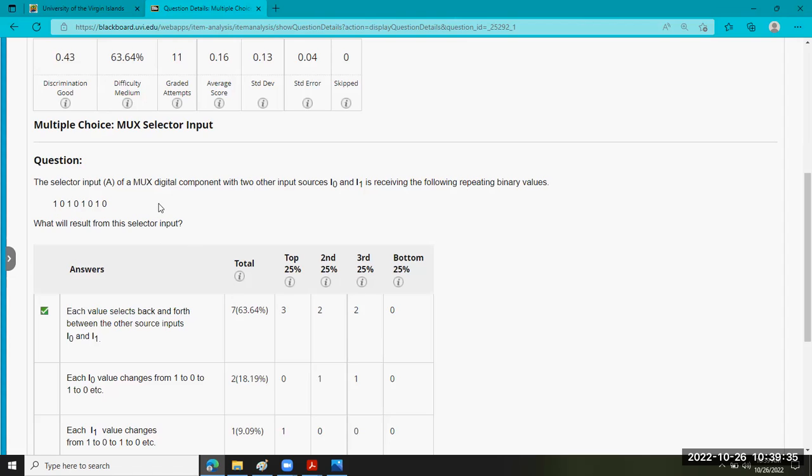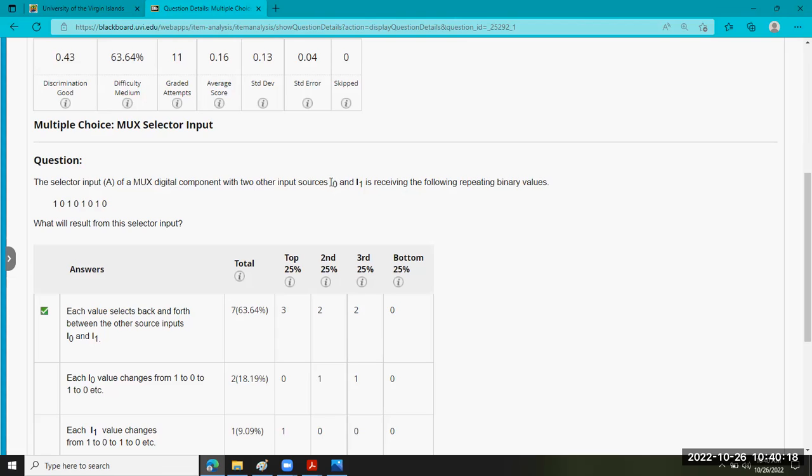I think what we can do is, for the final attempt of this module assessment, I think we're going to add additional detail to explain a little further and say two other input sources, I sub 0 and I sub 1, that receive the same input value in each case. The same but different. And all right, so if you clarify that, that could be confusing. We'll tweak the wording and I'll revise this question for the final attempt so that there's better clarity.